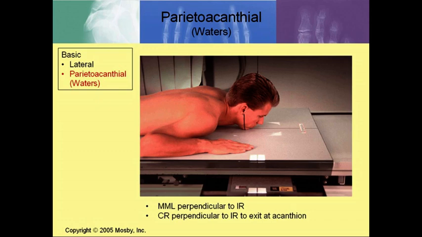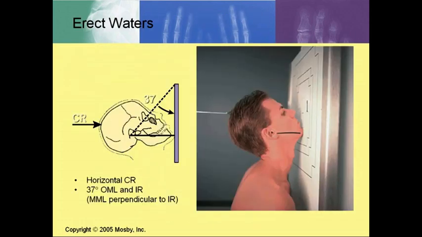Most often these are done erect, but you can see here that the mentomeatal line is perpendicular to the image receptor. Central ray is perpendicular and exiting at the patient's acanthion. Here we see it erect, again with mentomeatal line perpendicular.